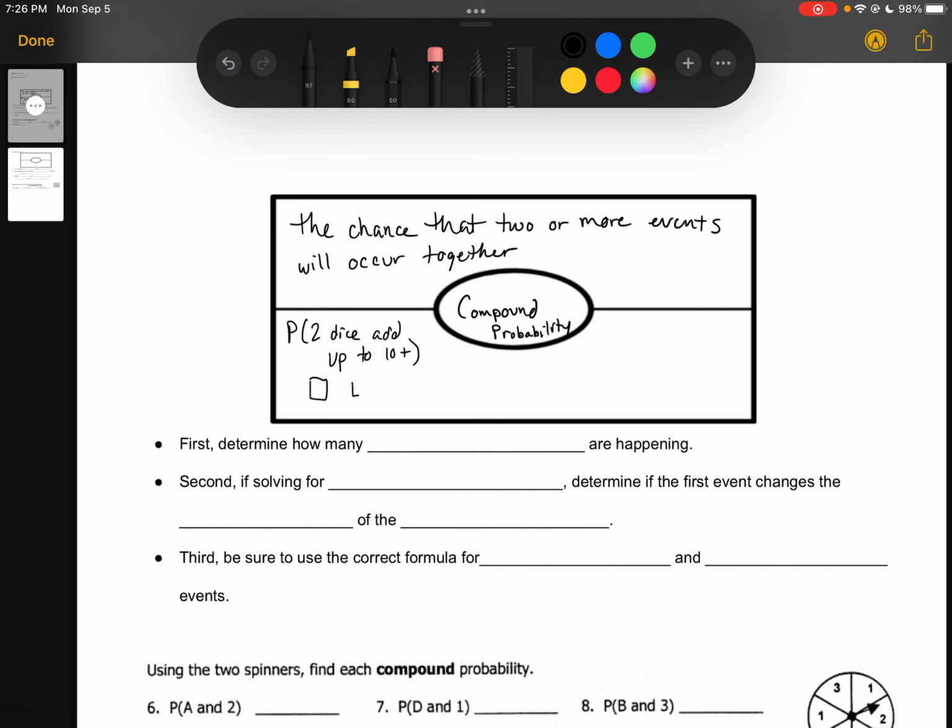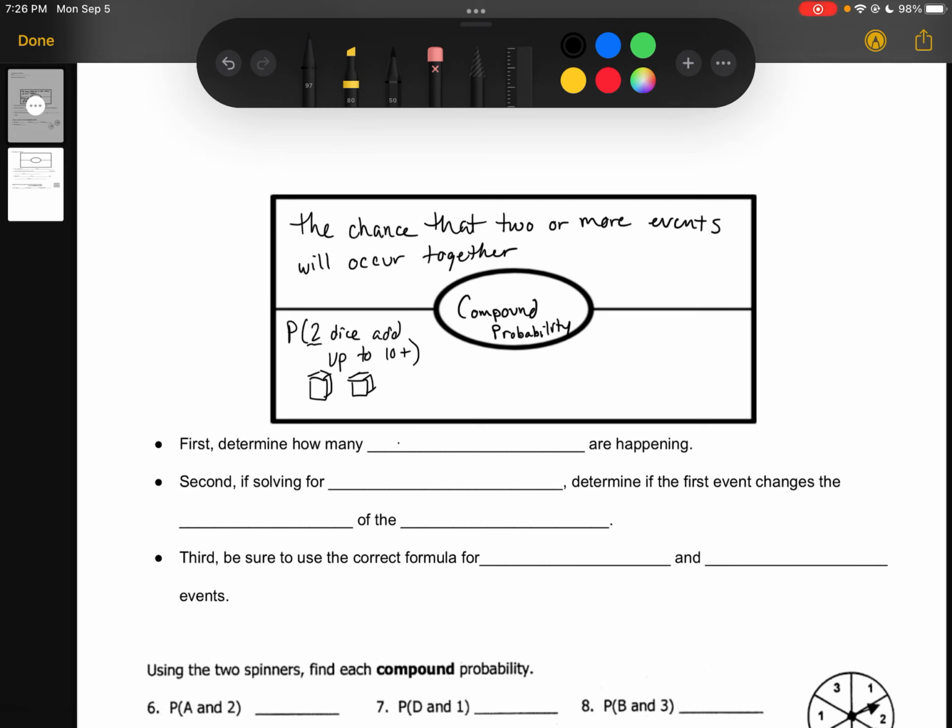The reason why this is a compound probability is because you need to roll two different die. If you don't have two die, then there's no way you can add up to 10, and it's also telling us we're doing two things. So a compound probability is specifically when we're taking a look at doing multiple things at the same time instead of just going through the one.